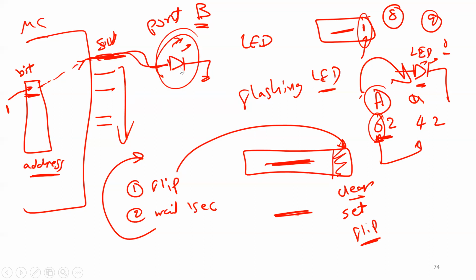By the way, keep in mind, we just put 0 volt or 5 volt on one pin, right? So it depends on what you connect here. In this case, I connect an LED. That's why when I put 5 volt, I turn it on. In other applications, I can connect to something like a latch. I'm not sure if you are familiar with a latch.